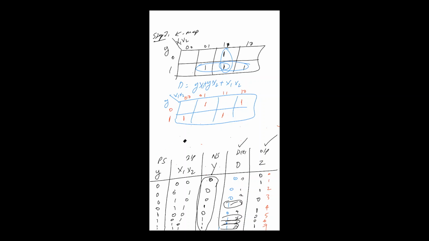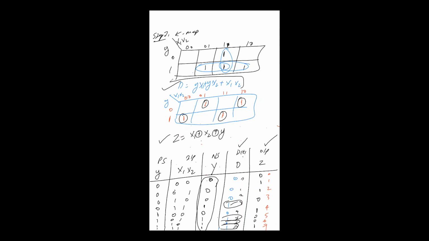So now you have to group it. Since no one is having a neighboring element, you will group it individually. If you group them, the reduced expression you will get, this kind of a condition we have already seen in K-map. So this will be x1 XOR x2 XOR y. So this is the expression for Z, and this is the expression for D.